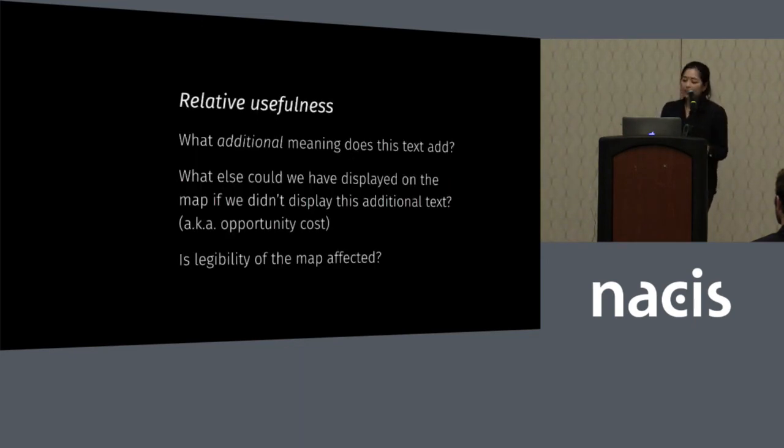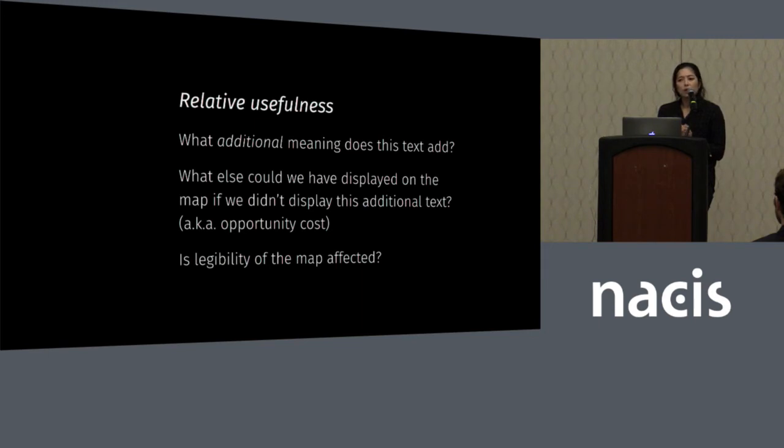To break that down, by relative usefulness we're evaluating the additional value that putting a local name and a category adds versus just either one of those. We're evaluating whether making that one label for that feature bigger is better than showing, say, two other labels. And also, really importantly, I think, is considering how it affects the legibility of the map.